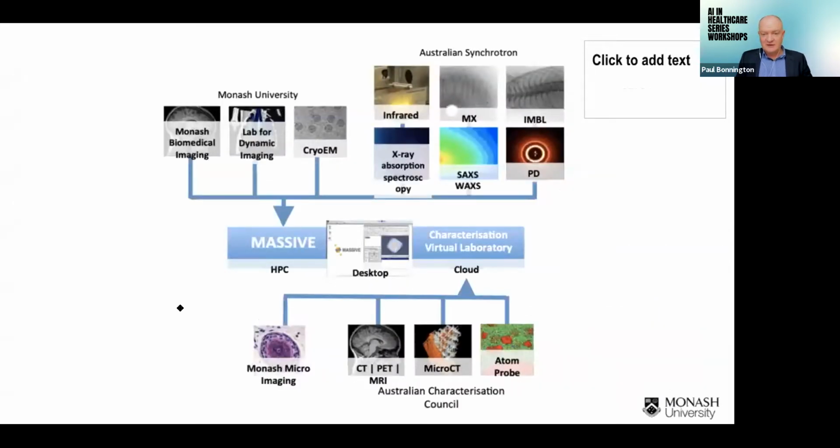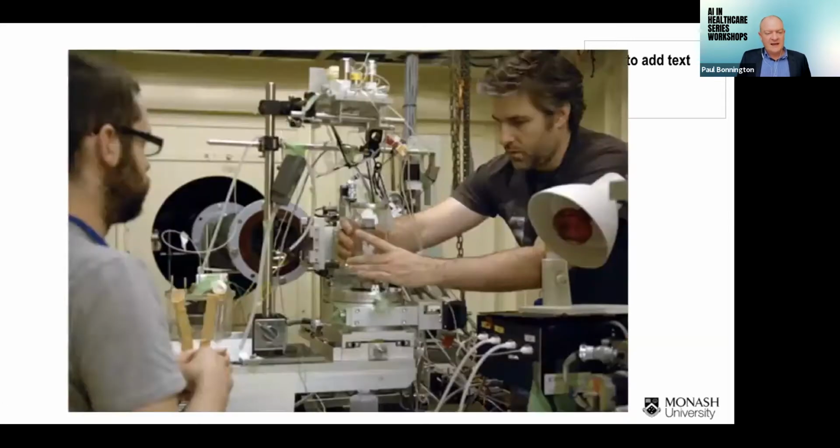But just to give you a sample of what it did look like, you can see that we coupled it very closely with high-end instruments, particularly the Australian synchrotron, and then high-end medical imaging capabilities. That was why we called it an integrative HPC facility, because it was so integrated with the data producing instruments. And it started to take on a flavor where it was doing this in real time.